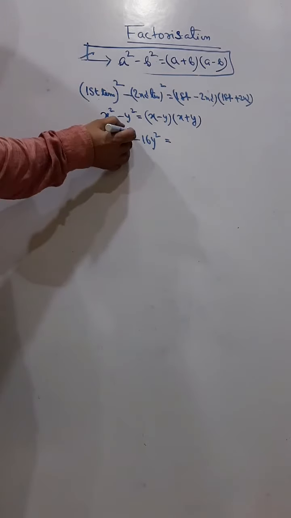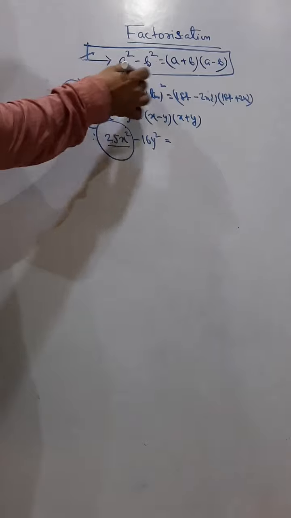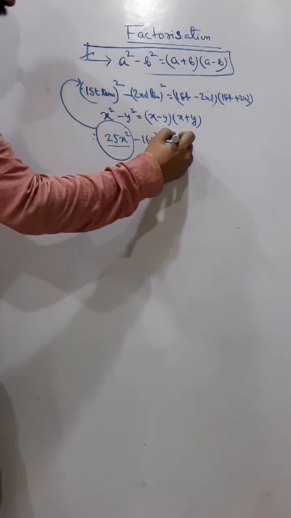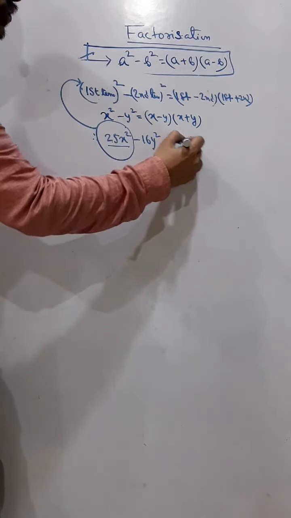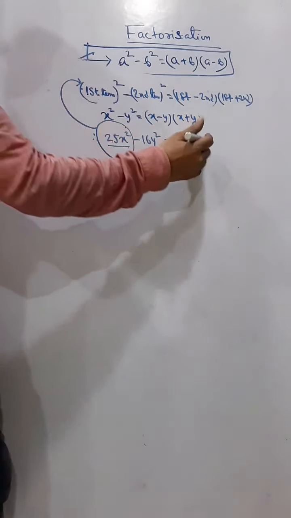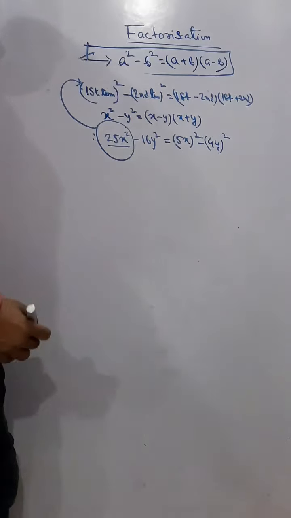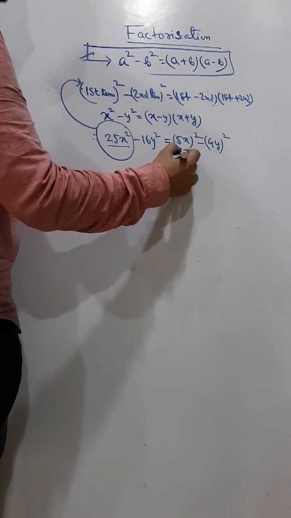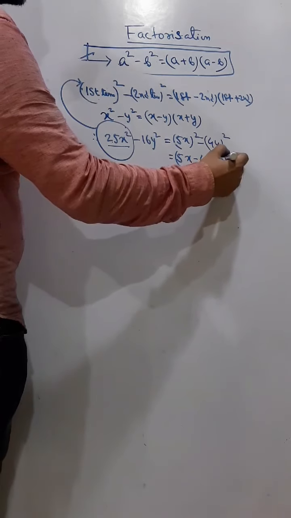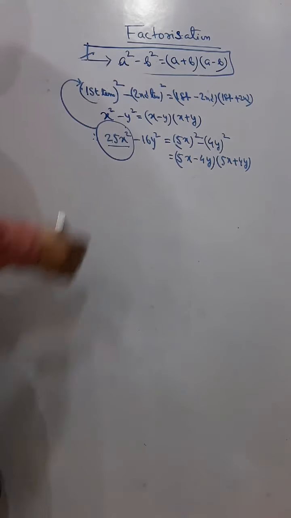So we have to convert this in terms of whole square. We can write this one as 5x whole square, and this I can write as 4y whole square. Now I can write it as 5x minus 4y and 5x plus 4y. Understand?